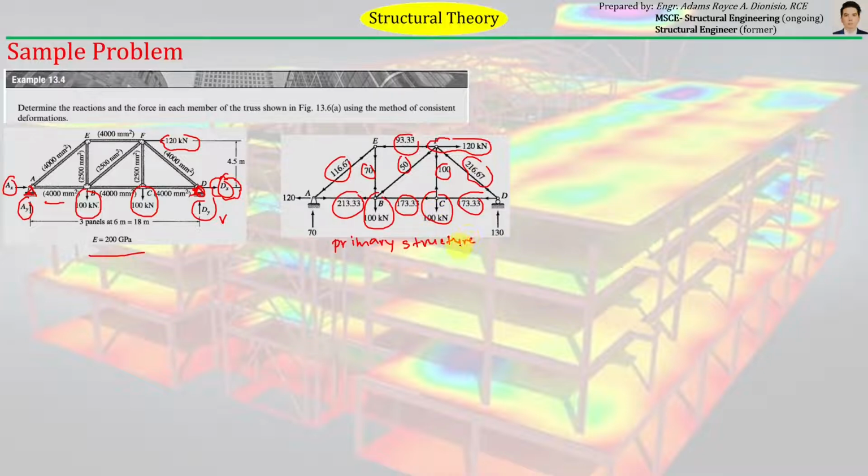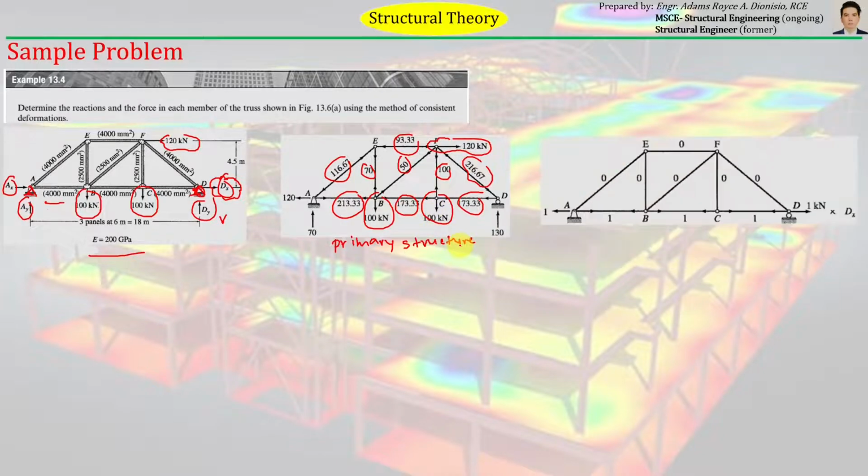After drawing the primary structure, it's now time to draw the truss structure loaded by the redundant force. Our redundant force is Dx to the right, which is again expressed in terms of a unit load.